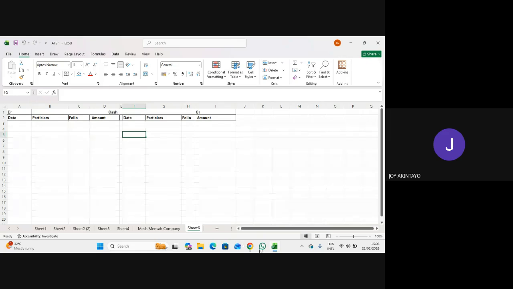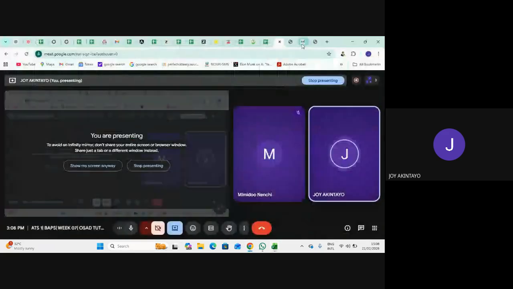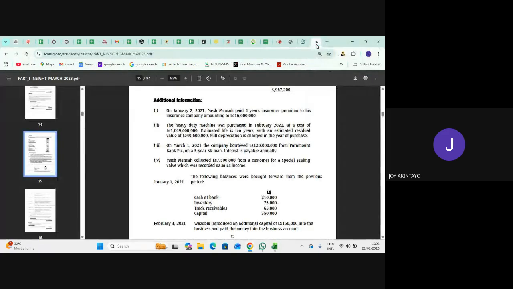So we are being told that we have some balances at the beginning of the period. So what are the balances? We have inventory at the beginning. Then we have trade receivables. Then we also have capital. So this one is 210,000.